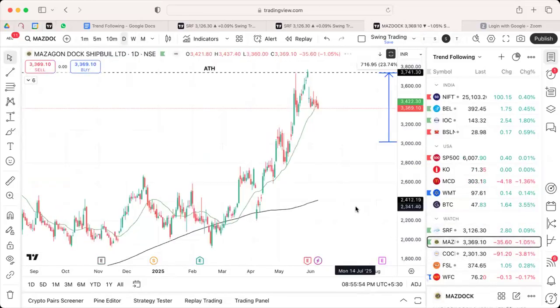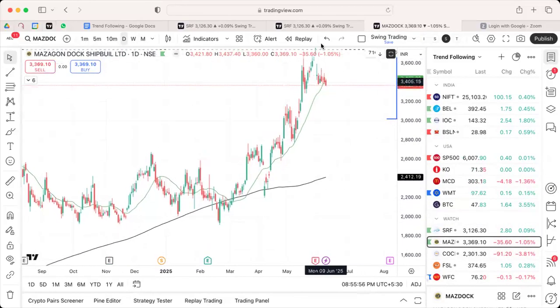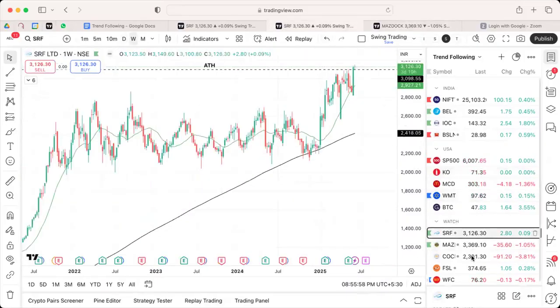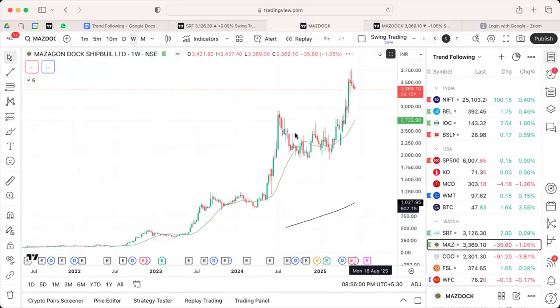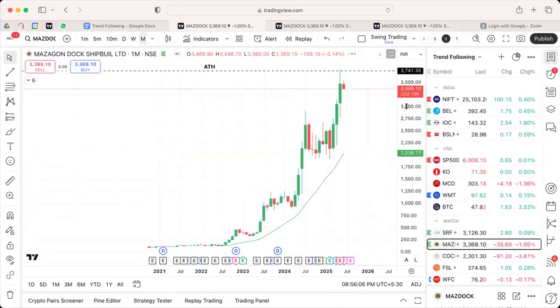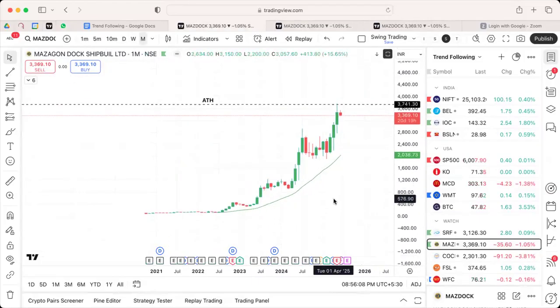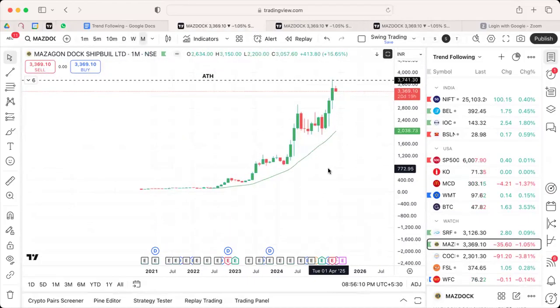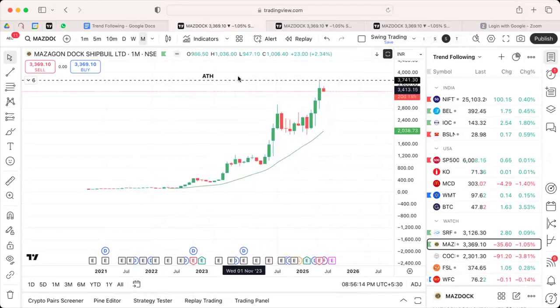Now we're going to look at another one, MassDoc. Again, I'm mentioning that this is not a recommendation to buy any of these or not to buy any of these, but simply a way to show you how to evaluate. With MassDoc, you will see that on the monthly chart, it doesn't have enough history to have a 200 period moving average.